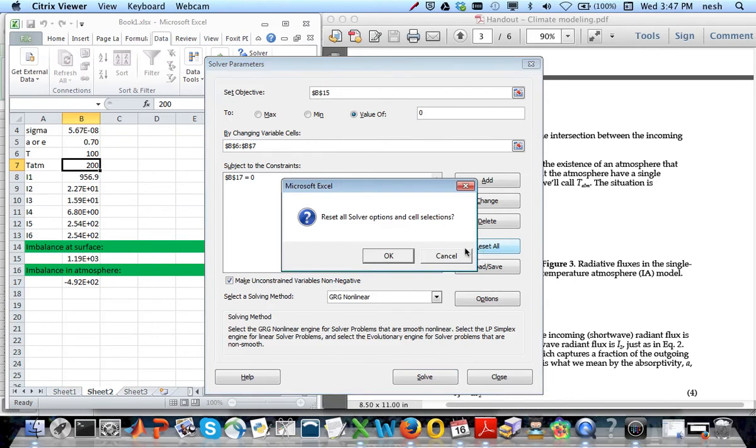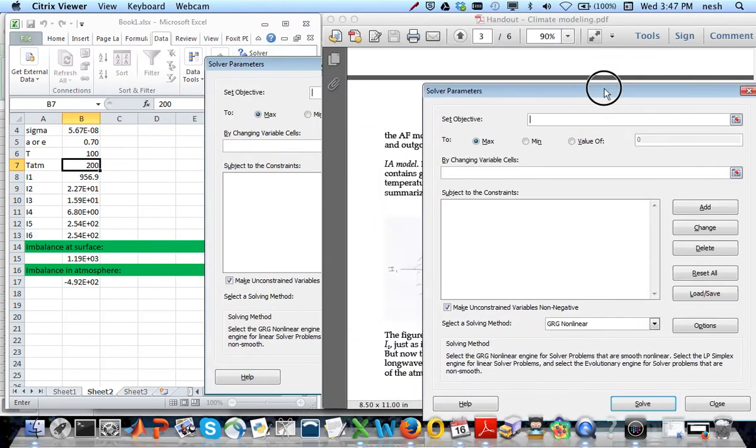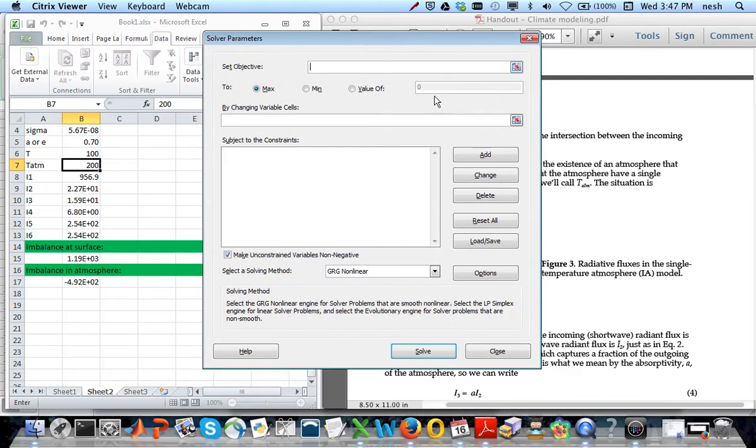Now, what you want to do is reset all, if you've done this already. What I want to do is fix this imbalance at the surface, so our objective is to make that a value of 0. And how are we going to do that? Well, we're going to tell Excel to vary 2 cells simultaneously.